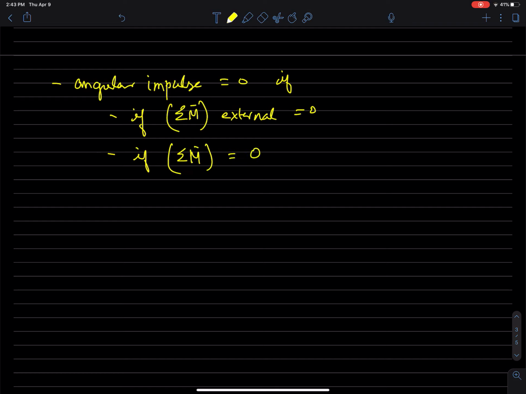Well, let me unwrap this thing. Sum of all moments about the point P or whatever point you're going to take moments about.